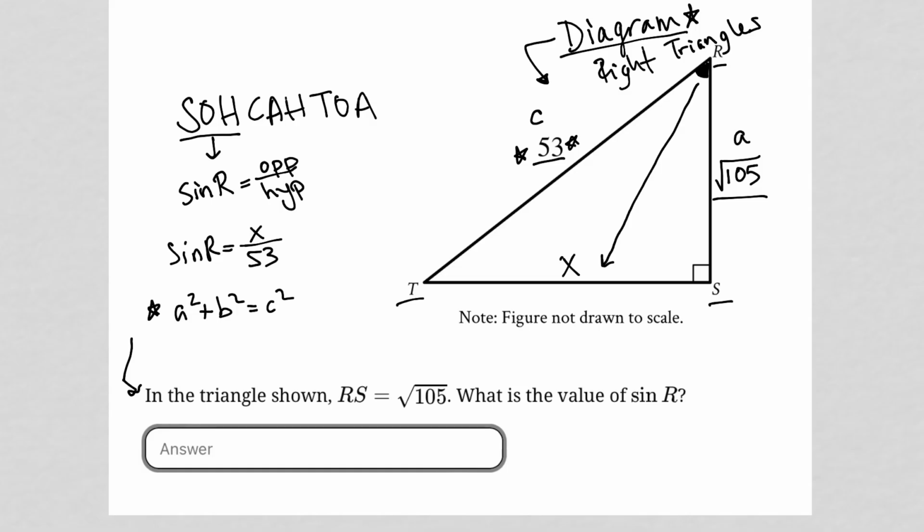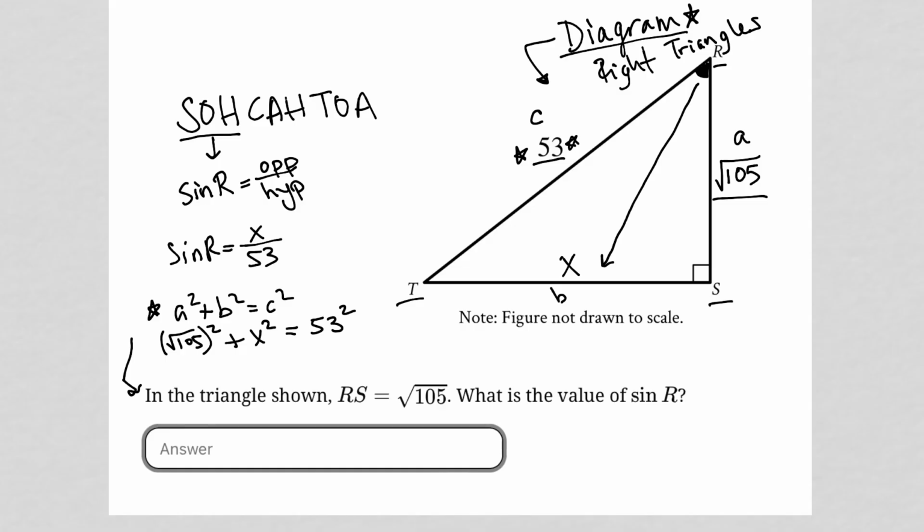So I'm going to call a my square root 105. I'm going to call b my x. So filling this information in, a squared, therefore, would be the square root of 105 squared, plus b squared is going to be plus x squared because x is my b side, and is equal to the square root of 53 squared because root 53 being the hypotenuse is my c.